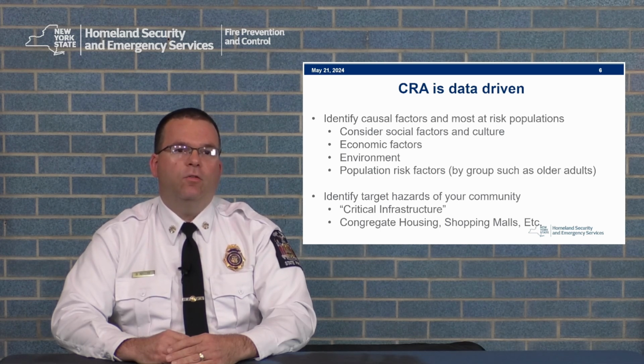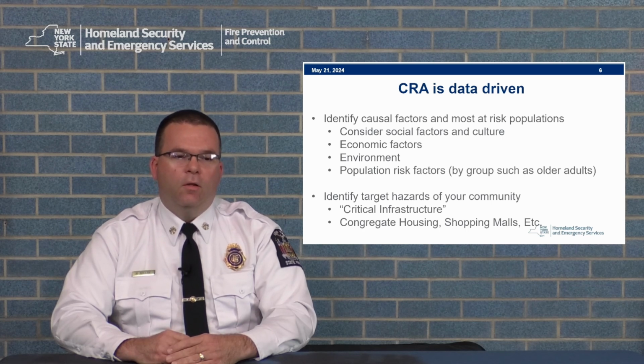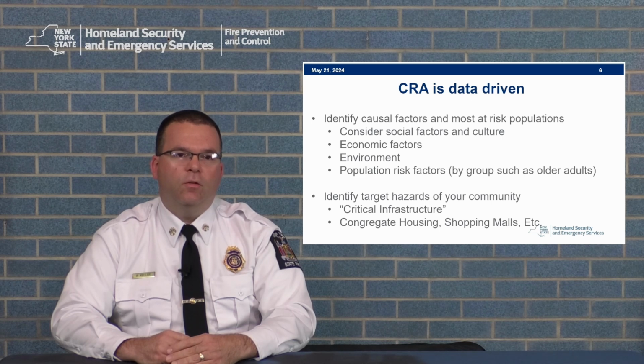Are there economic factors that are part of the causal factor as well? Is somebody having to decide whether they're going to put a meal on the table or being able to afford a smoke alarm? Some of those things need to be considered while you're developing your data.